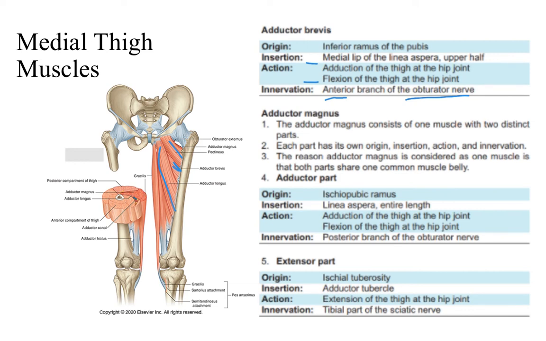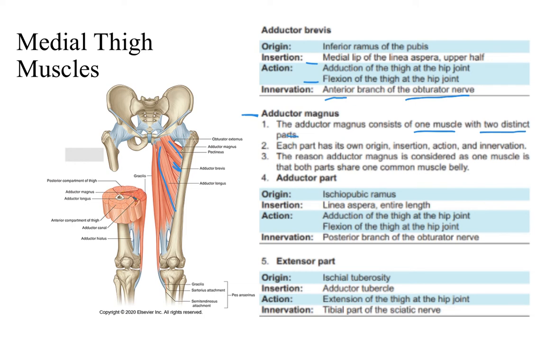All right, the big muscle that we've mentioned a few times, but here we will go into the details of it, the adductor magnus. And we're going to show this in a better picture on the next slide. But the adductor magnus is one muscle, but it has two parts that act independently of one another.